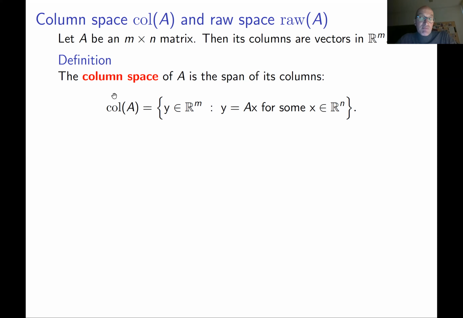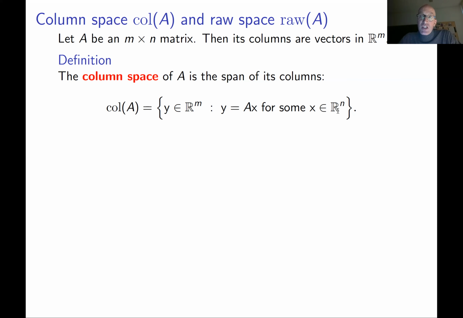And if we use an important remark which I made in the last lecture, this space can be described like this. You take all vectors y in R^m such that y can be obtained as a product of A and some vector x in R^n.